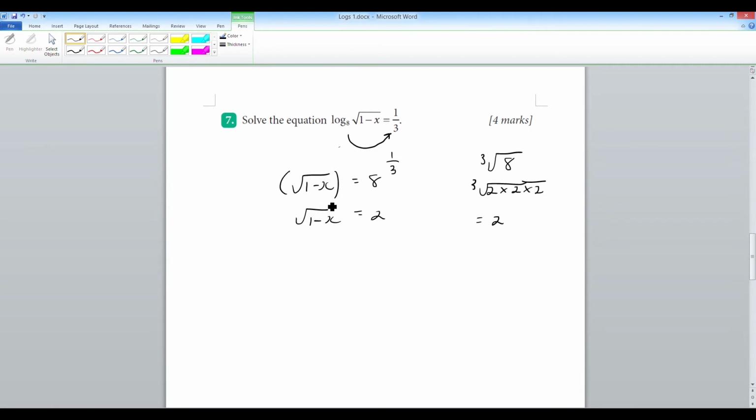In order to get rid of the root, I am going to square both sides. If I square a root, I'm left with 1 minus x is equal to 4. Then I can just make x the subject, so x is equal to minus 3. Again, they said solve the equation, solve for x, so we found the value of x.